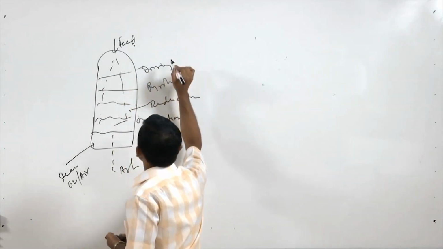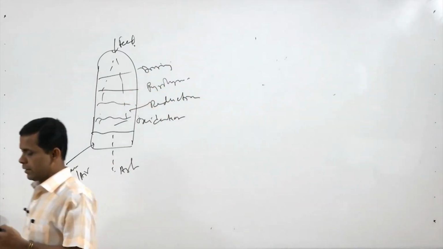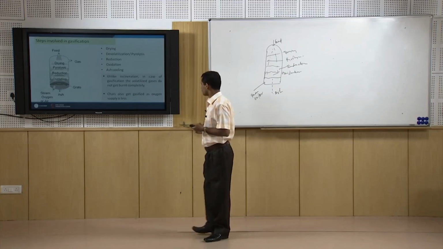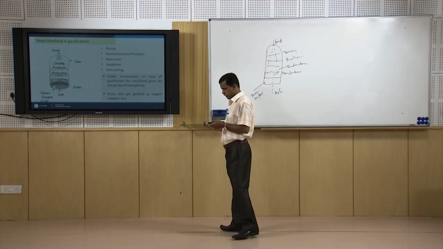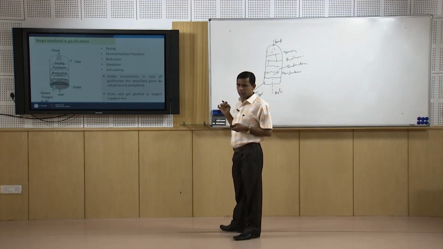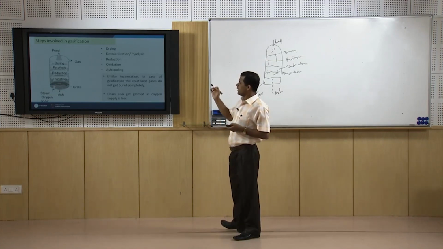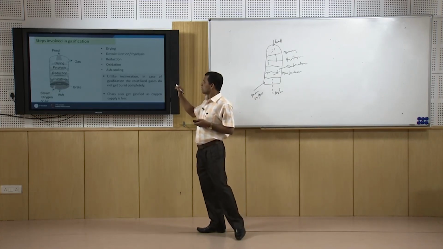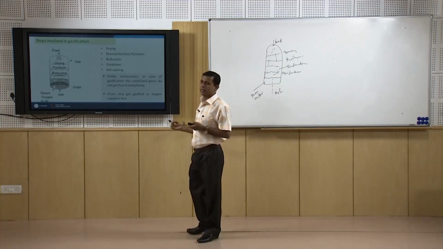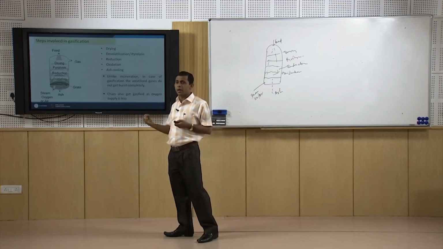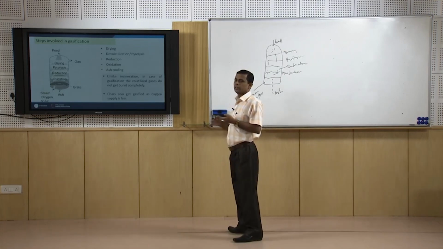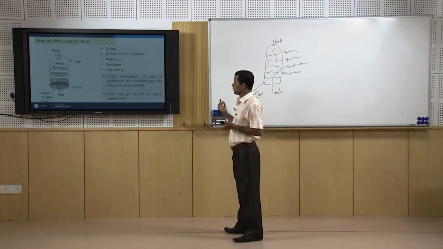These are the regions we get in gasifiers. This is very similar to incineration, but the difference is that here the volatile components do not get completely burned because oxygen is not there, and char gasification takes place in place of char oxidation.